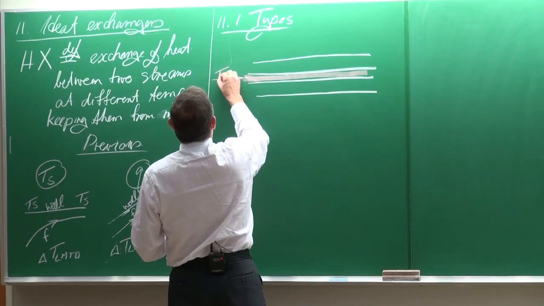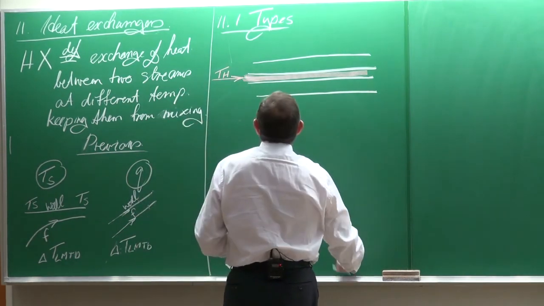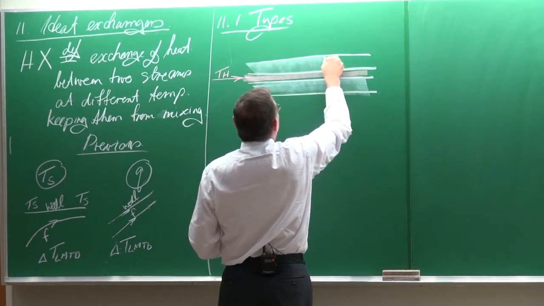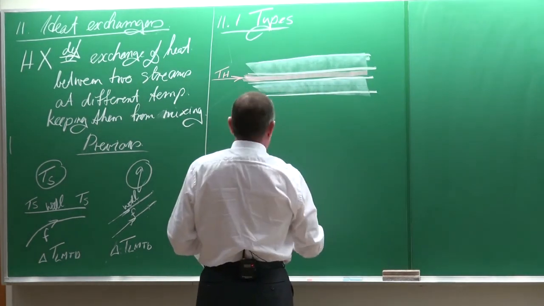Okay, so that is the hot stream. And in the annulus we will get the cold stream. Like that.